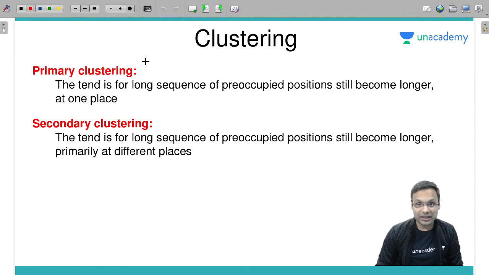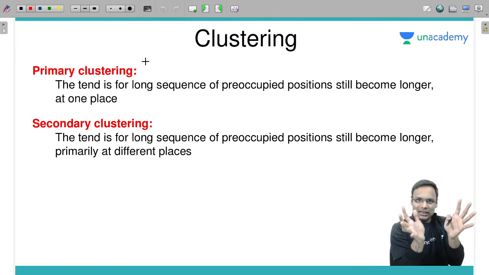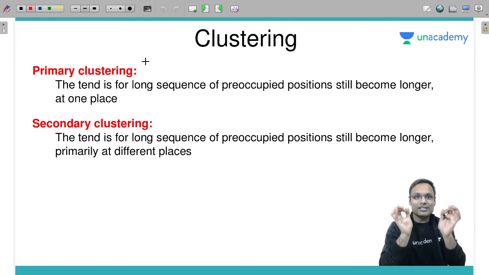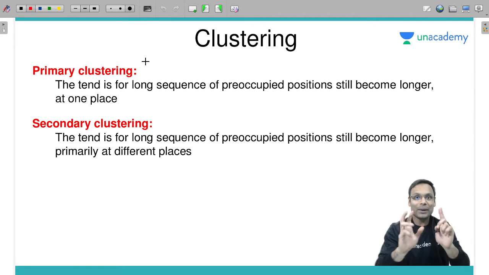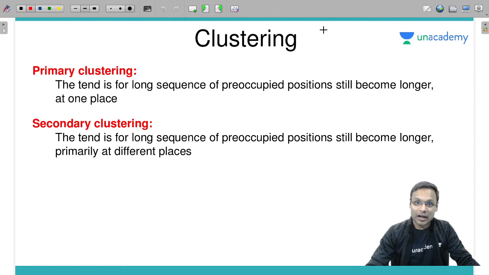Okay, now clustering. What is clustering? Clustering is nothing but a group, a particular group of keys which are close to each other. If you remember my example of yesterday, when I told you there is a test, this is the classroom, this is the entrance, this is the teacher's podium where you will sit here. Everybody will try to sit here. Every new incoming student will sit next to that.